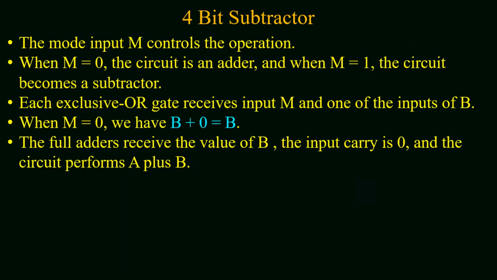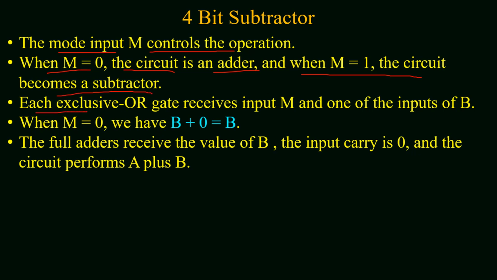The operation of the binary adder and subtractor circuit is controlled by the mode input. The mode input is connected to the input carry and also to the second input of every exclusive OR gate. Whenever M is equal to 0, the given circuit acts as an adder, and when M equals 1, the given circuit acts as a subtractor.